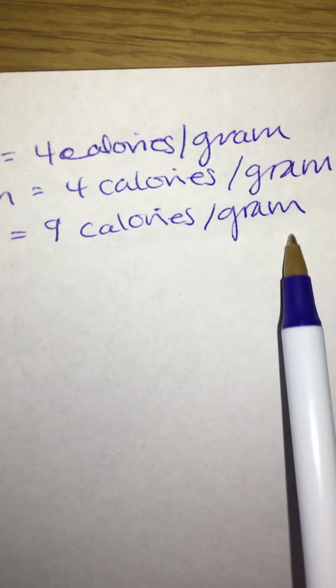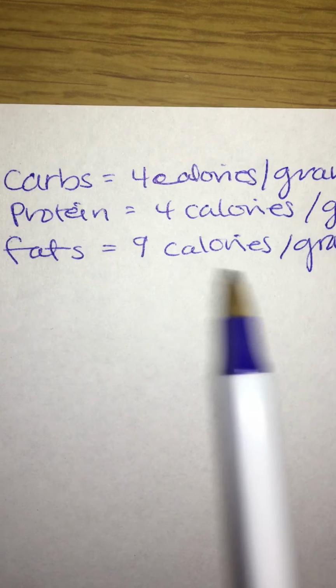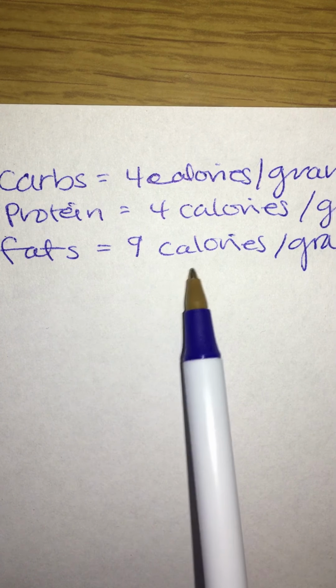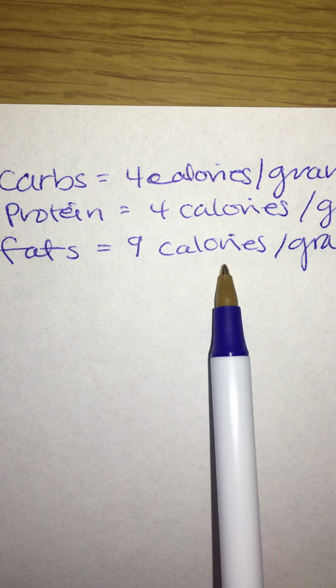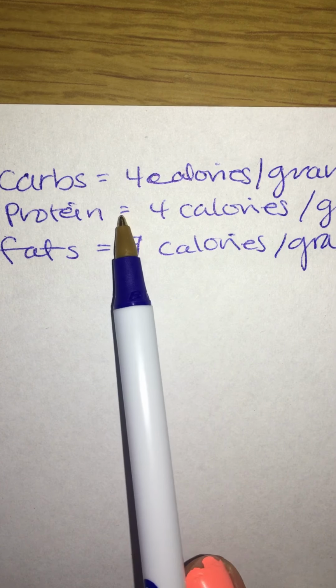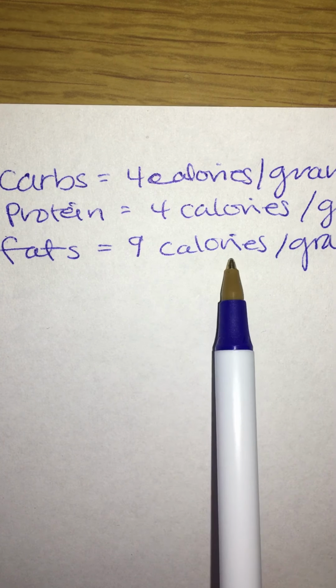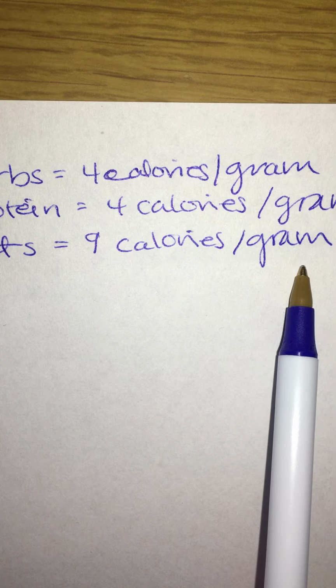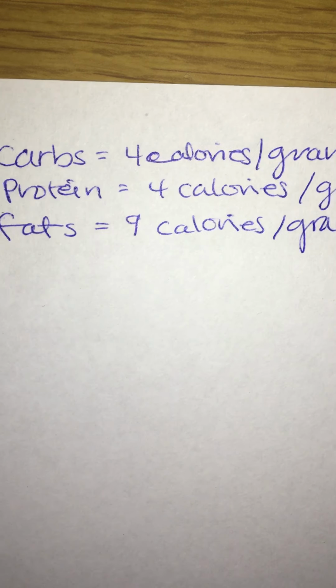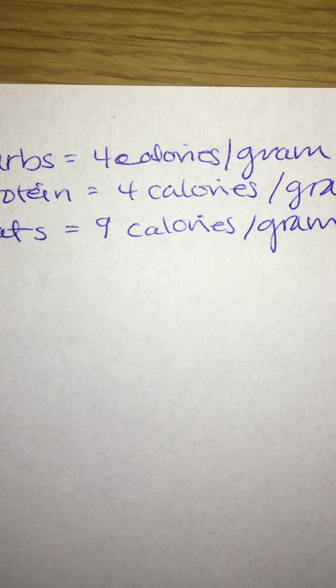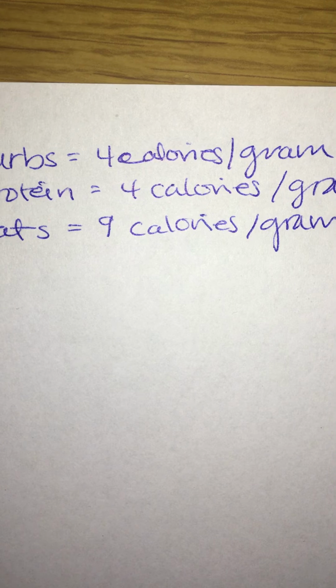And then for fats, which provide the most calories out of the 3 macronutrients, we get 9 calories for every gram we consume. So that's just a little review there, but you'll see that in the video of macronutrients.